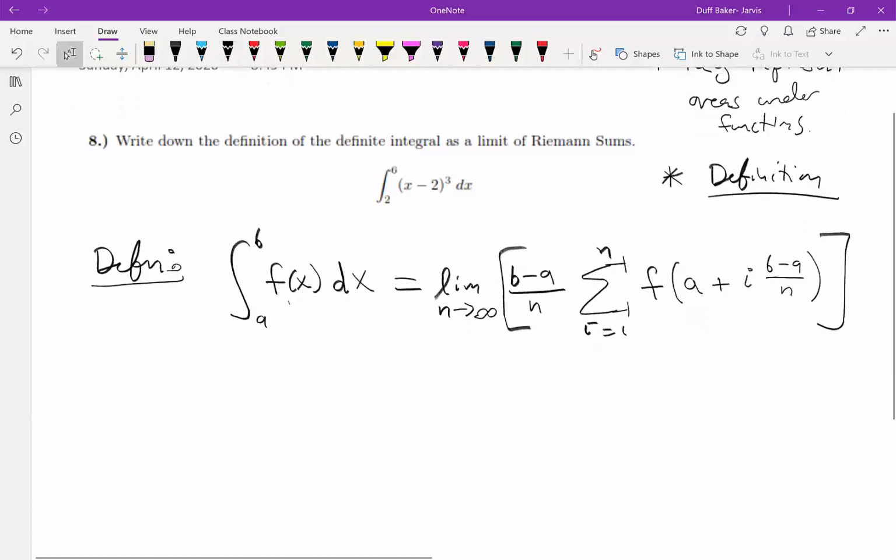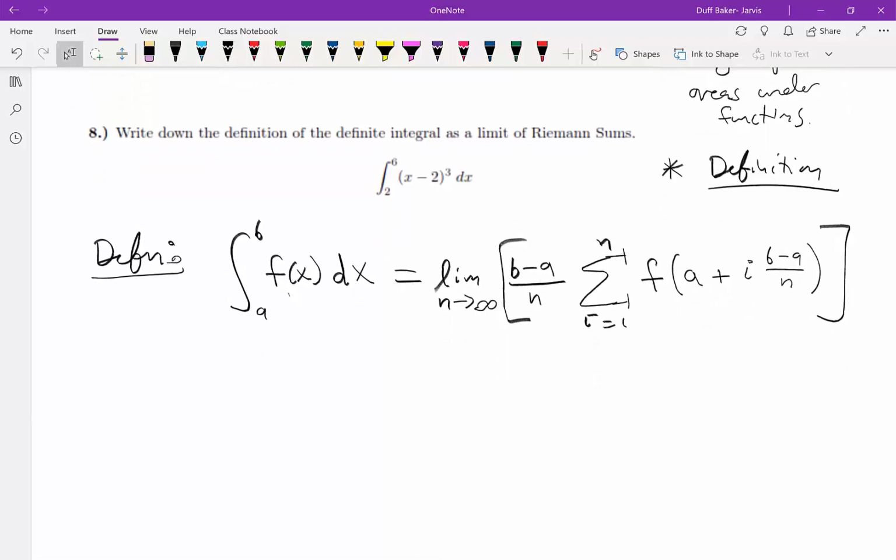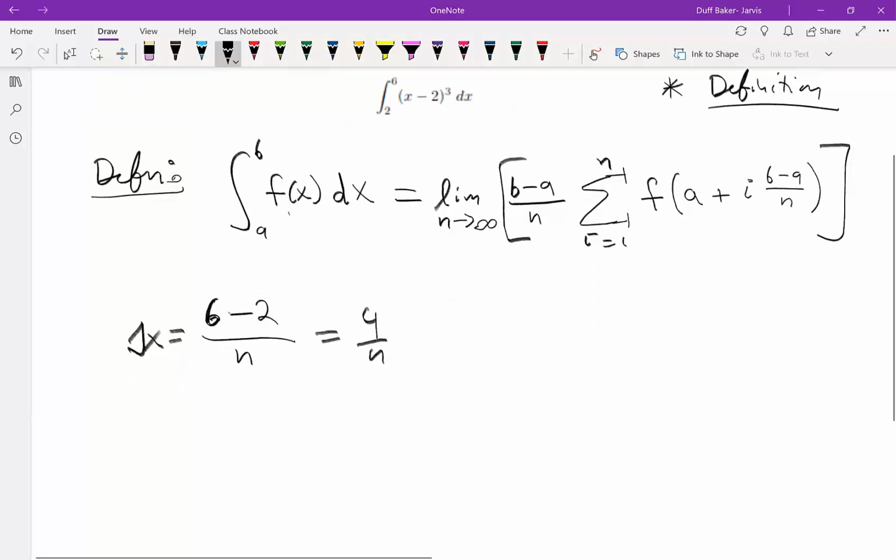And if we just plug everything in here, what is delta x in this particular problem? It's b minus a over n. And here b is 6, so it'd be 6 minus 2 over n if we're using n rectangles. So that'd be 4 over n. And now I throw everything in here.